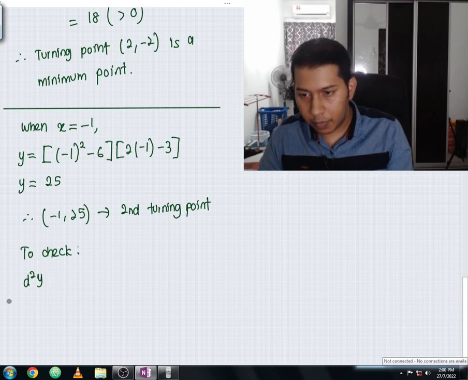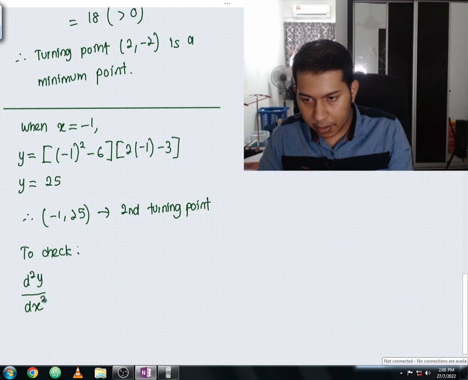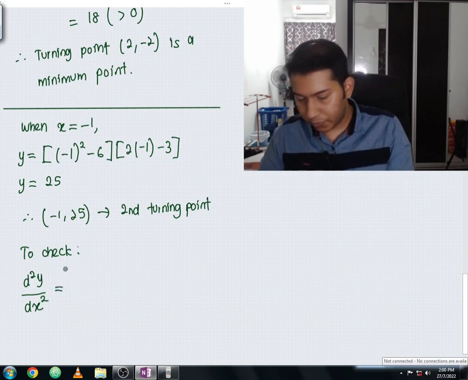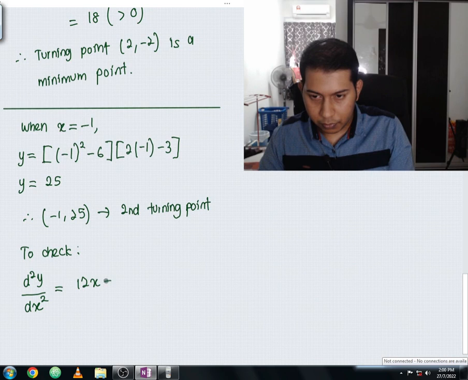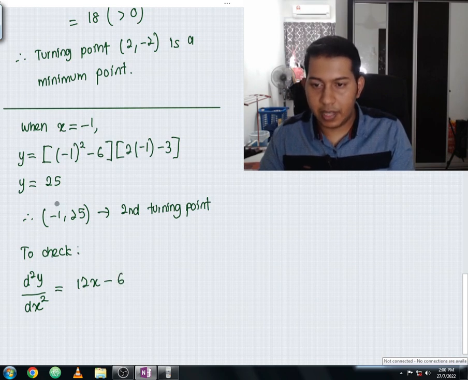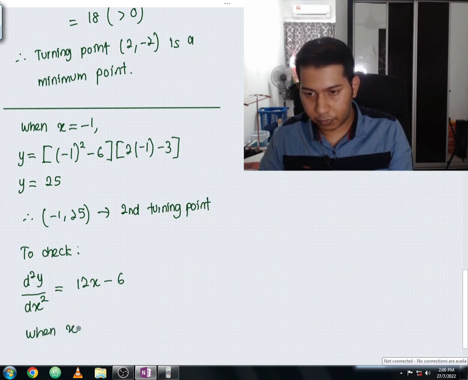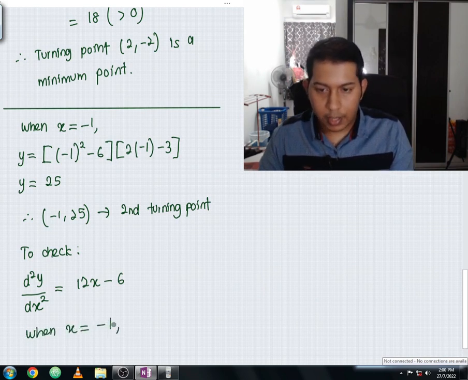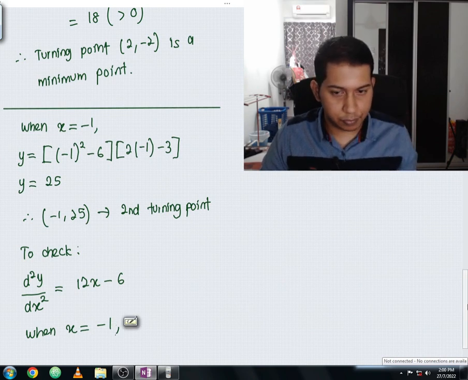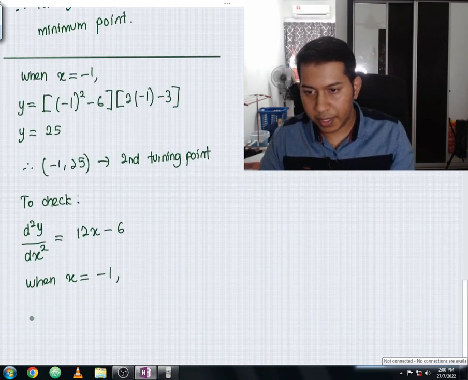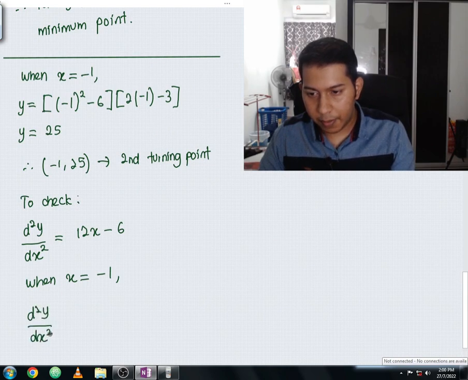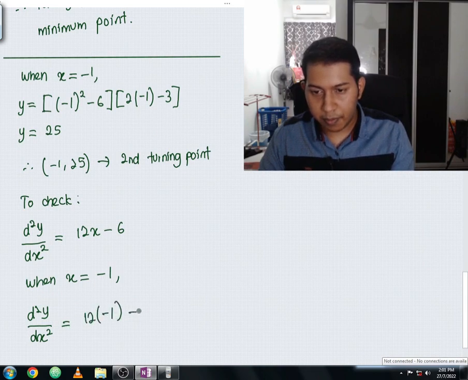Let us do the calculation. So d square y over dx square is equals to 12x minus 6. Okay, so you substitute the x value over here. So from here, when x equals to negative 1, d square y over dx square is equals to 12 times negative 1 minus 6.